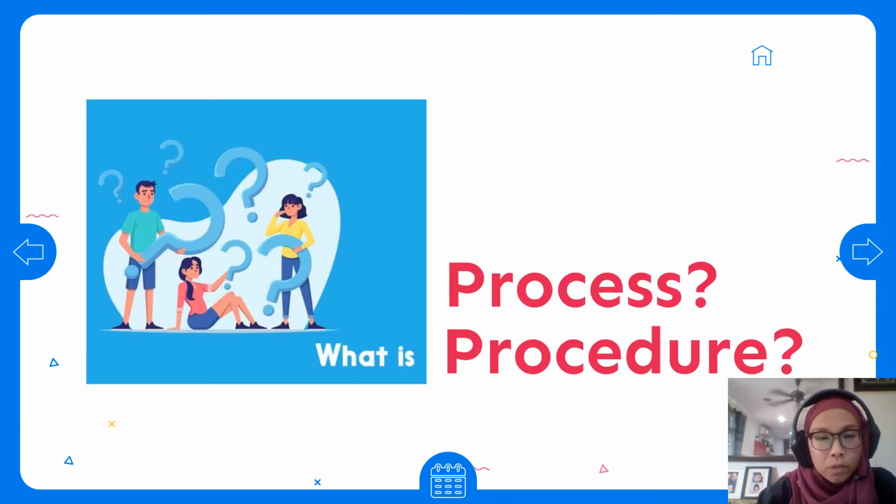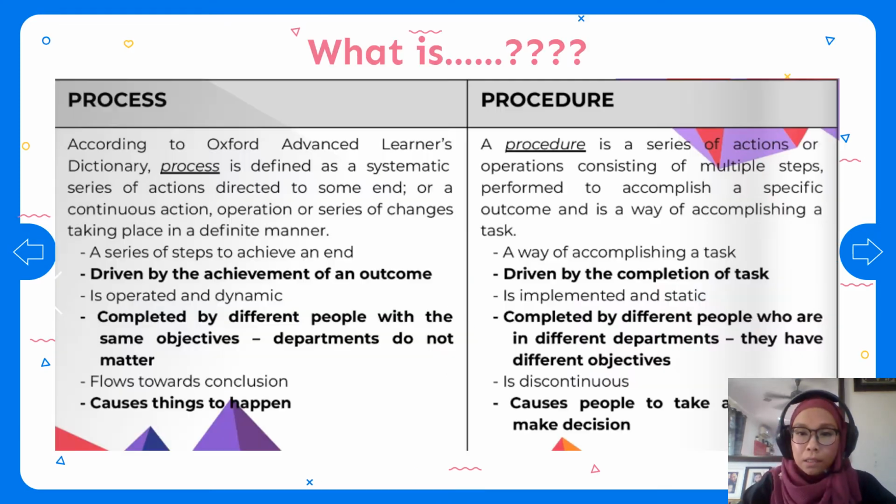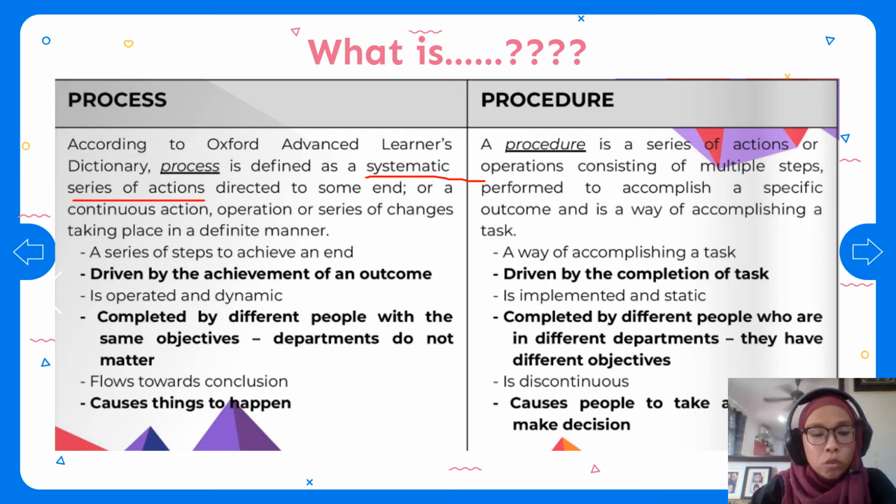Now let's have a look at what is process and procedure. Yesterday you have read, so what is process and procedure? According to the Oxford, it is a systematic series of actions, whereby there are stages, and it will usually end with an outcome.